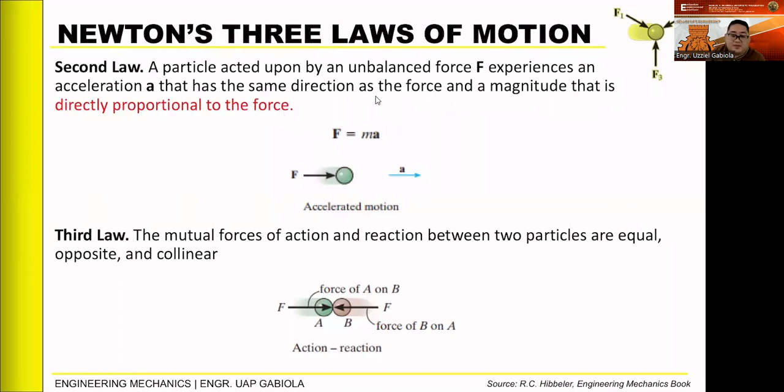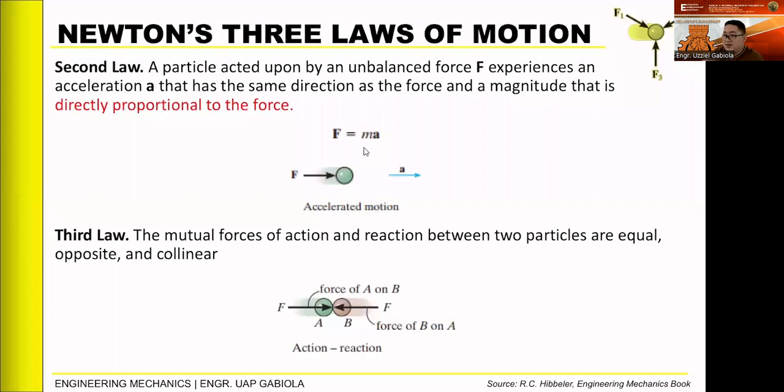So this is where our inertia comes in. Okay? This is where we get the formula force is equal to mass times acceleration. Because, as stated, our acceleration is directly proportional to the force, and our constant of proportionality is what we call mass, or the quantity of matter inside a body.